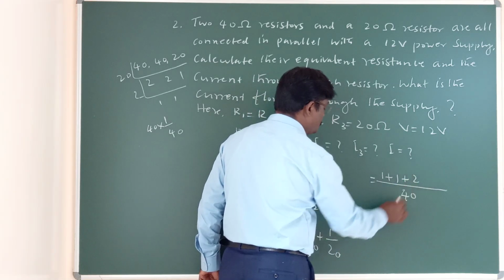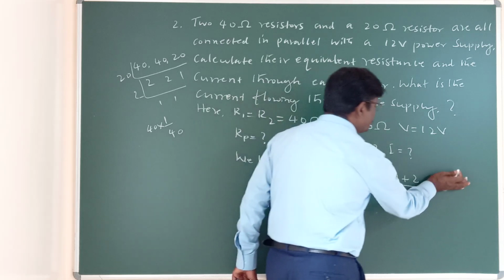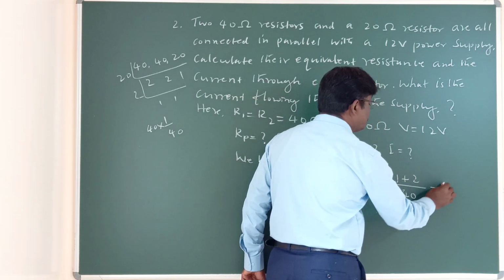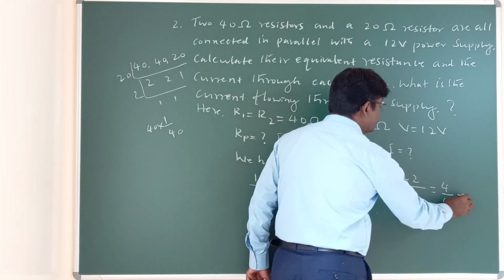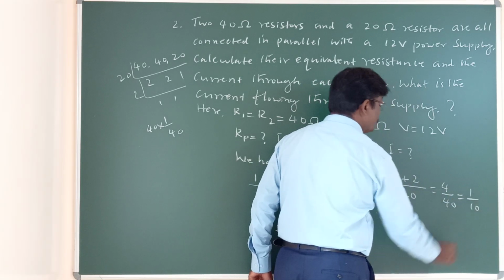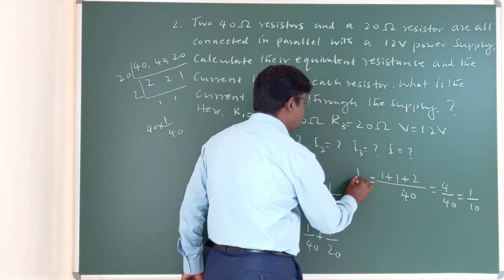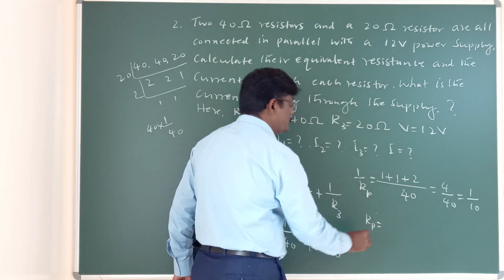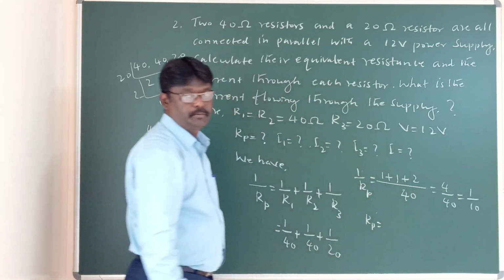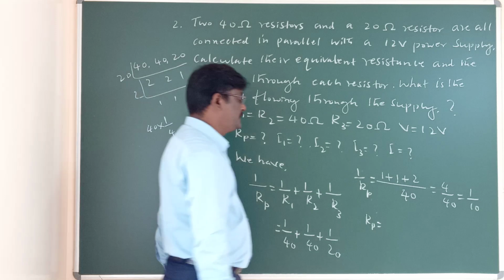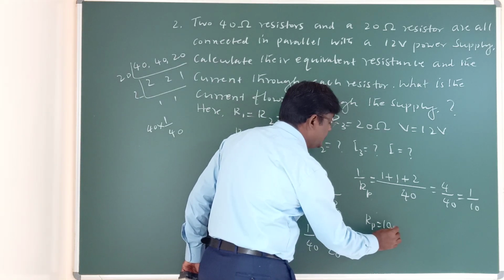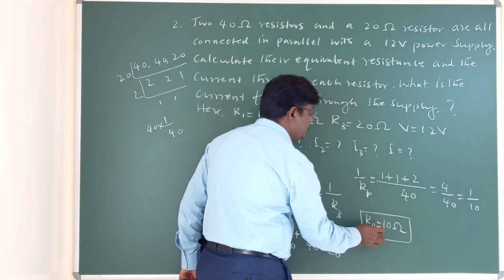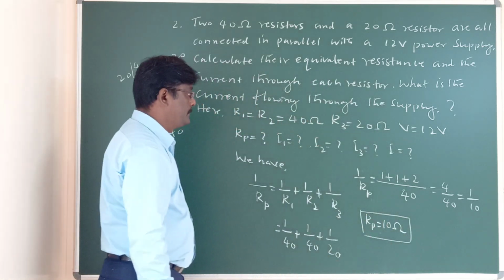Hence this will be equal to 1 plus 1 is 2, 2 plus 2 is 4. 4 by 40, nothing but 1 by 10. That is 1 by Rp. Therefore Rp is the reciprocal of 1 by 10, which is 10. Thus, the equivalent resistance when the three are connected in parallel is 10 ohm.